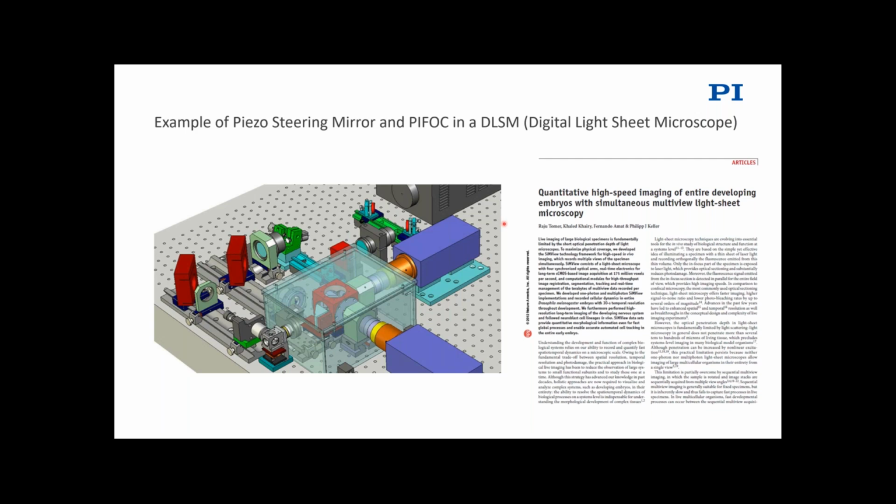There's an example of an iSPIM light-sheet setup from the early days. They're still doing this today with piezo technologies, whether it's PIFOC objective positioners or stages, or piezo scan mirrors for adjusting planarity of light in these setups or doing scanning.